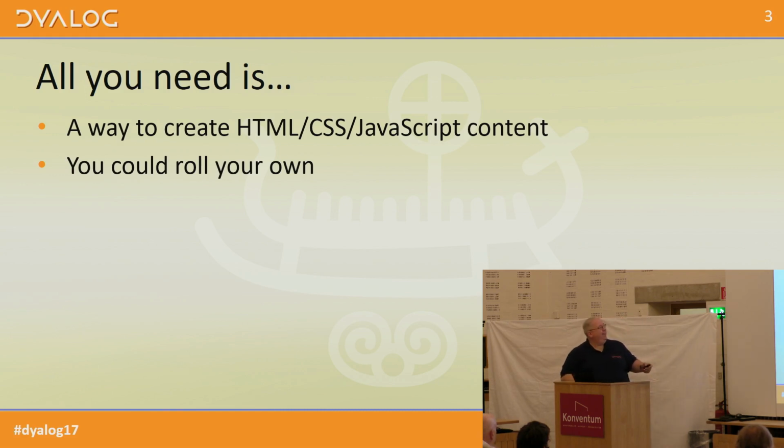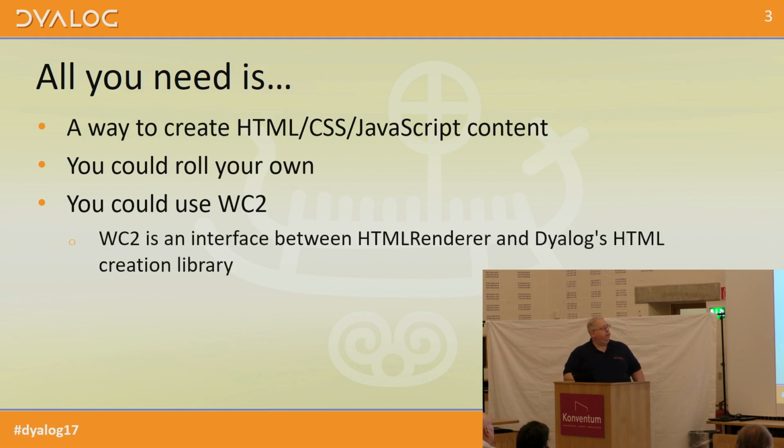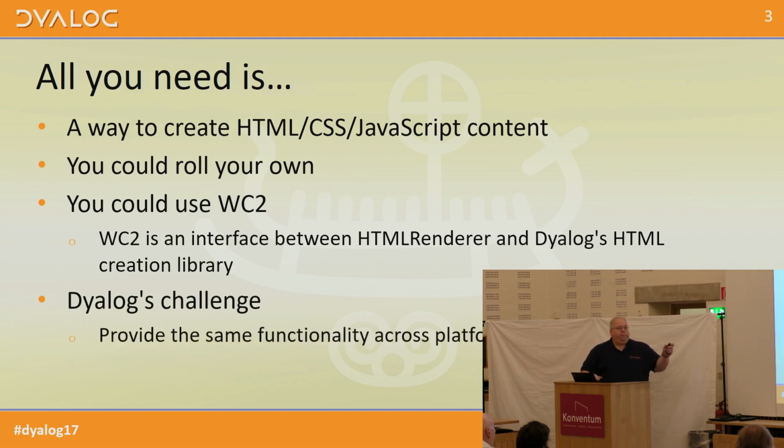Or you could use what we're calling WCTU. And it's an interface between the HTML renderer and Dyalog's HTML creation library. And so our challenge, to reiterate, is to provide the same functionality across platforms, that's HTML renderer, and to make it easy to use, that's WCTU.